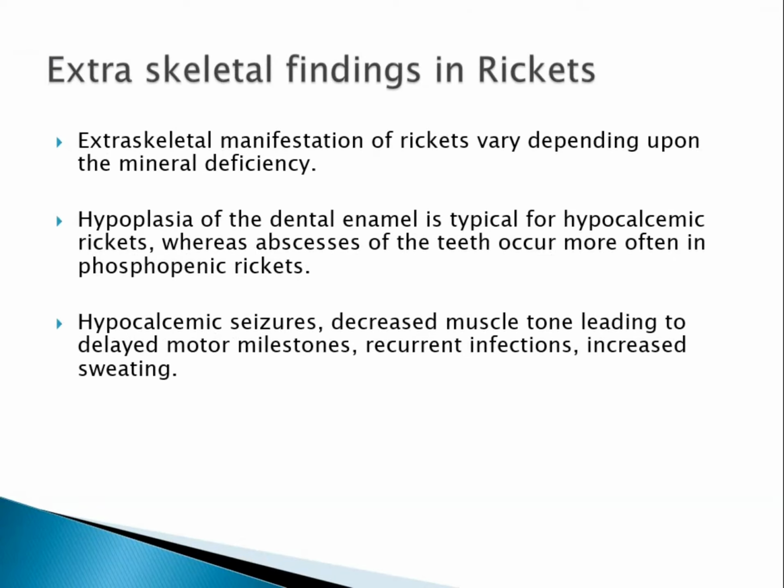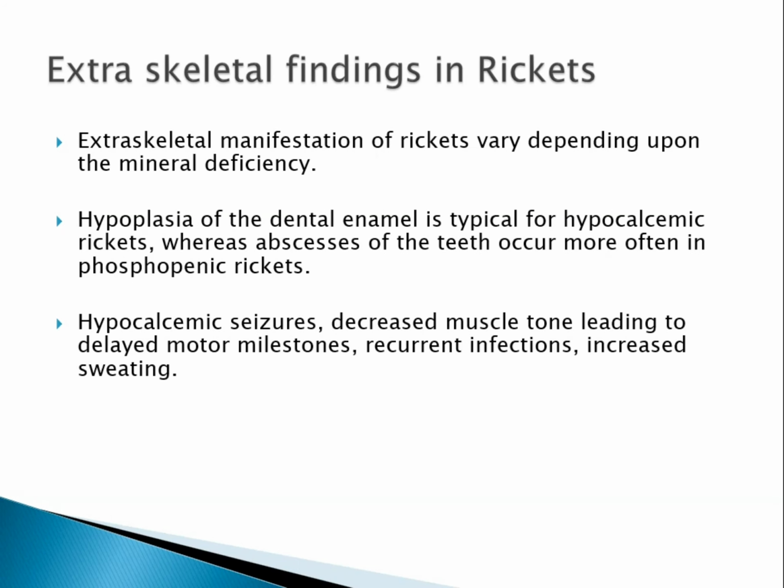Some extraskeletal findings in rickets: the extraskeletal manifestations of rickets vary depending upon the mineral deficiency. Hypoplasia of the dental enamel is typical for hypocalcemic rickets. Calcium is also needed for the mineralization of our teeth.